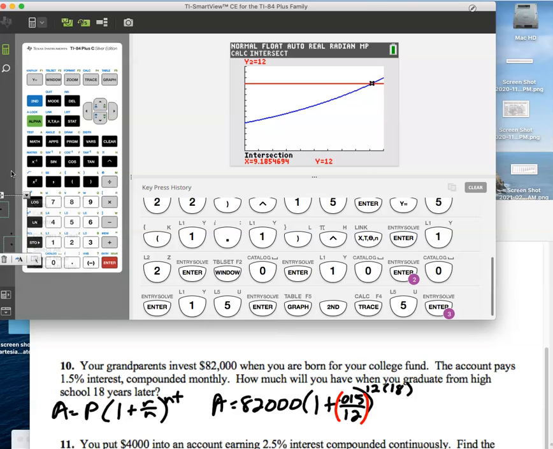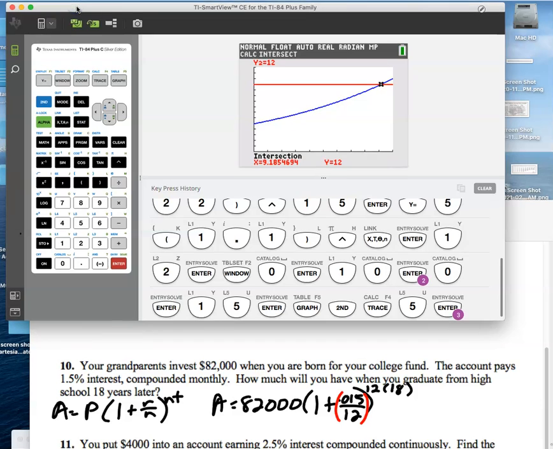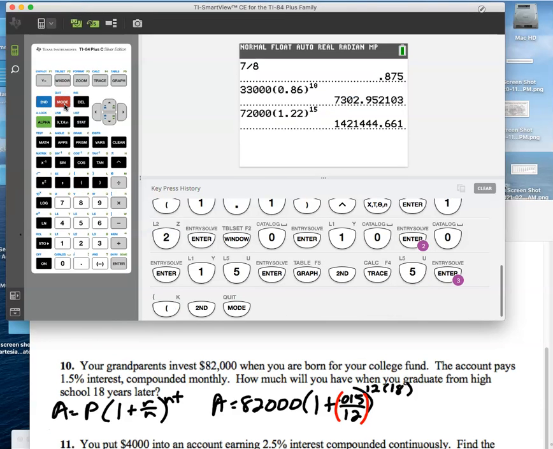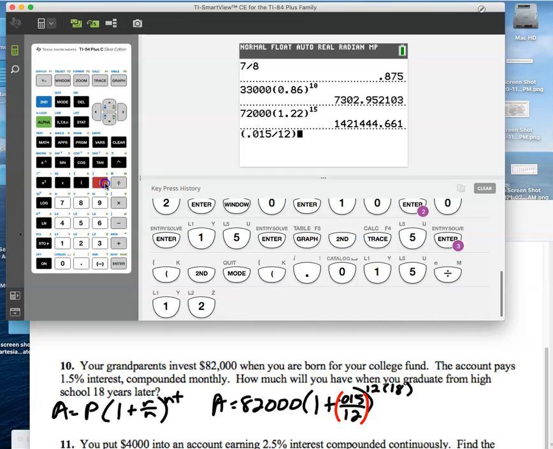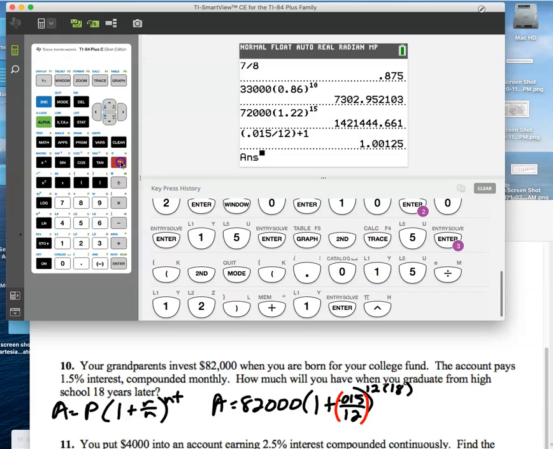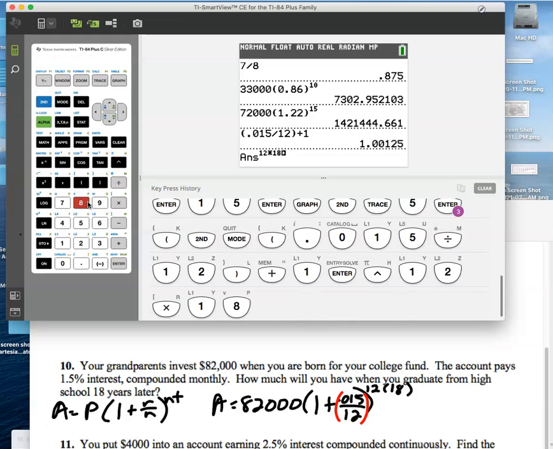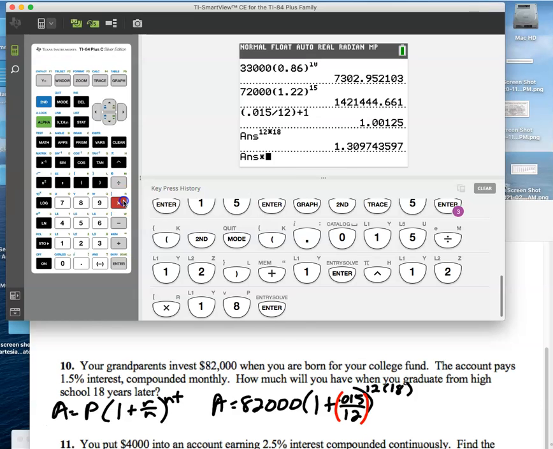It won't let me. Fine. There it went. Parentheses, 0.015 divided by 12 plus 1. Enter. To the 12 times 18 power times 82,000.